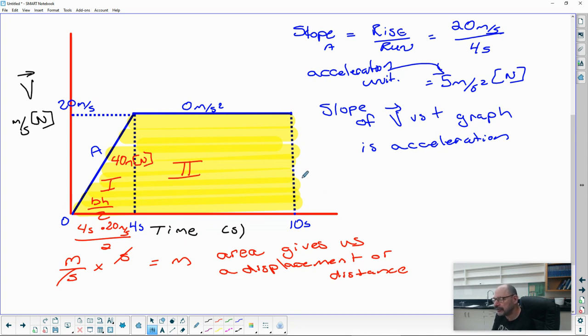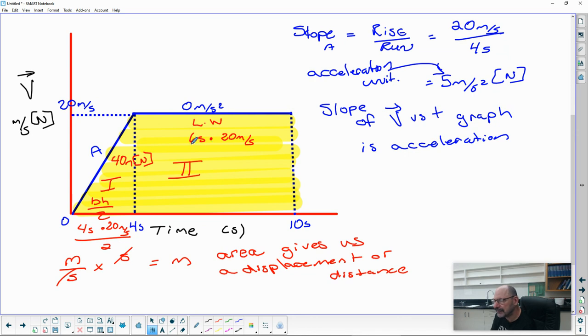Okay, this one here is just a rectangle. So a rectangle is just length times width. The length here is 4 to 10, which is 6 seconds. And our height is, again, 20 meters a second.